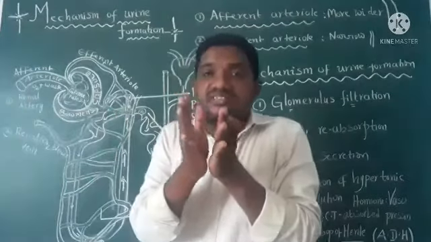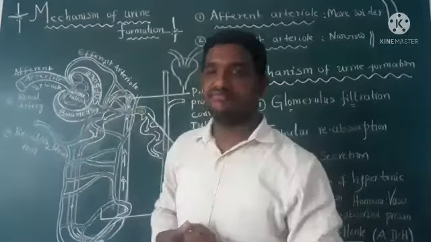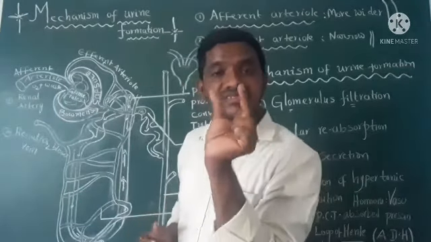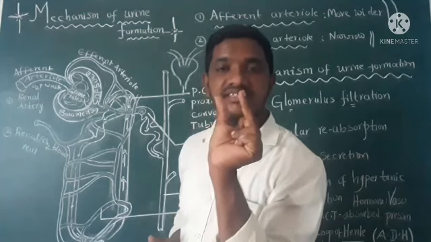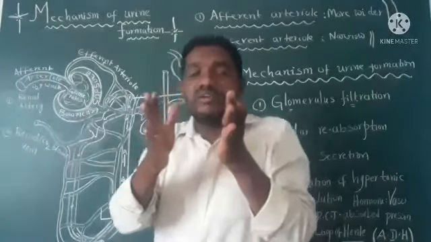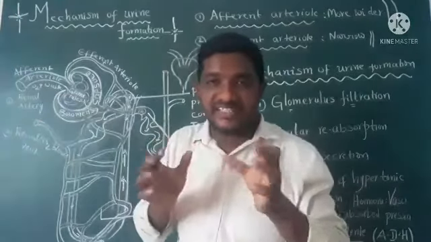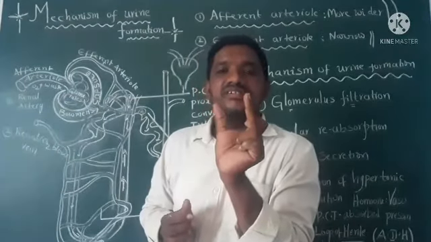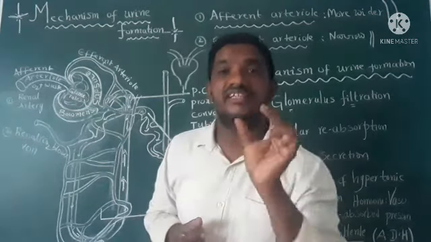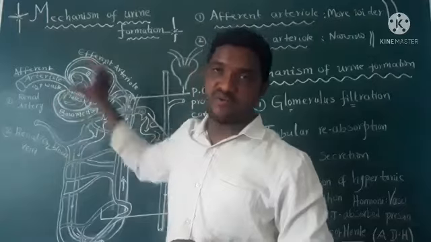Here, the afferent arteriole's diameter is larger, or wider. The glomerulus, the finest blood vessels, has a very small diameter; it is narrow. The afferent arteriole blood vessel is wider, whereas the glomerulus is very narrow.